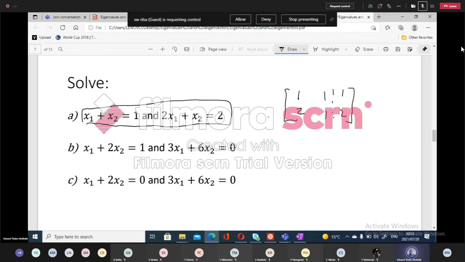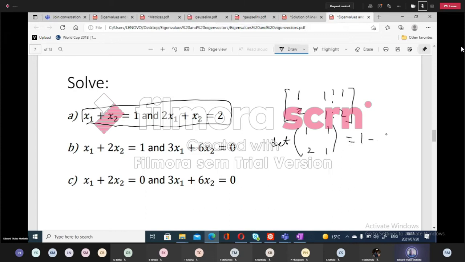To solve this system, you have to determine the determinant of 1, 2, and 1. This determinant is equal to 1 minus 2, equal to minus 1. Now, A inverse is equal to 1 over minus 1 multiplied. Now, what do we do to the diagonal?